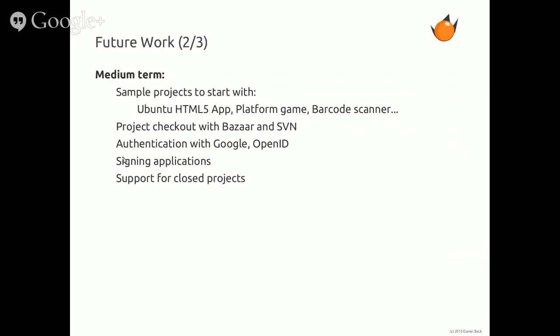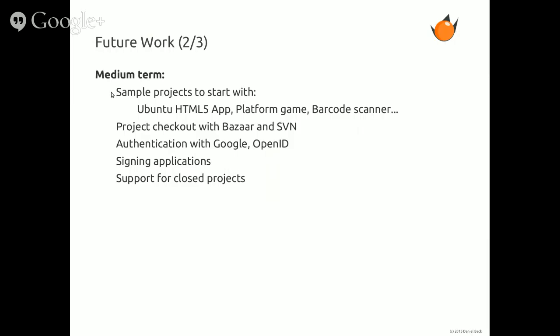Very important is that your user should be able to sign the applications. And there's that support for closed projects, which I will do later. The closed projects are always supported, but they are not supported in the user interface. They are things that I must do.